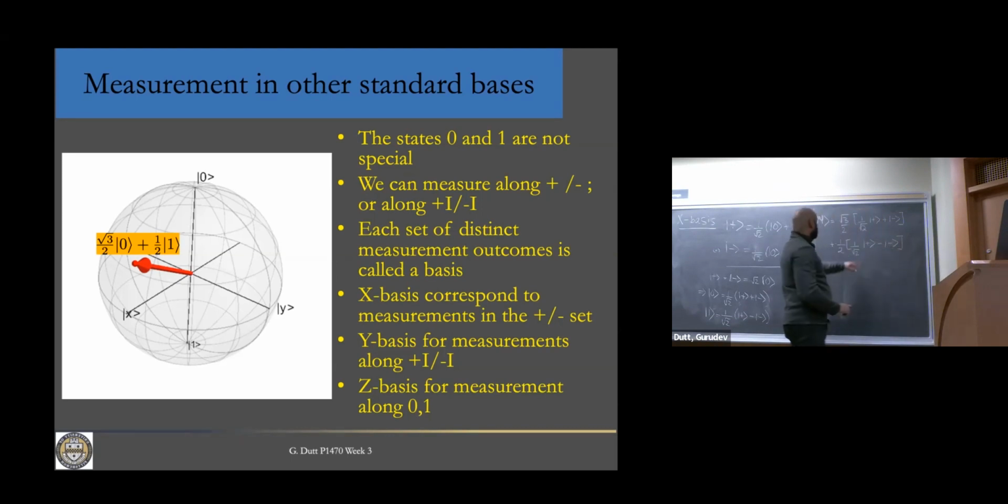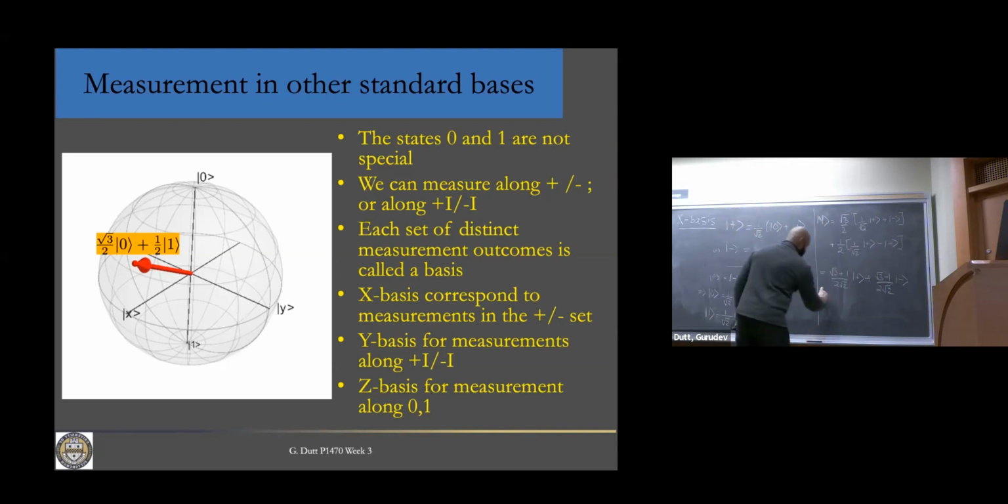So now I bring together all the terms that have plus in them. That gives me root 3 plus 1 divided by 2 root 2 times ket plus. And then root 3 minus 1 divided by 2 root 2 times the state minus.